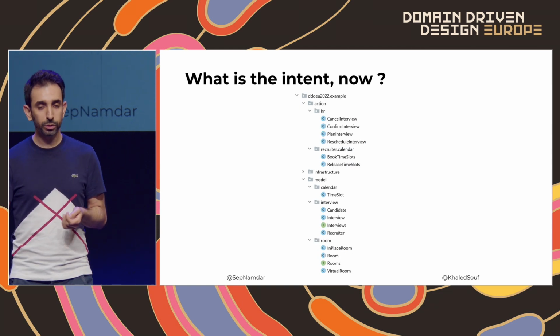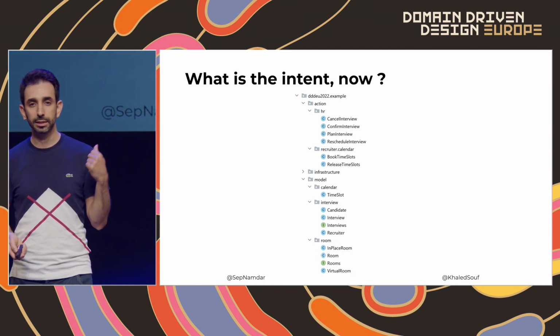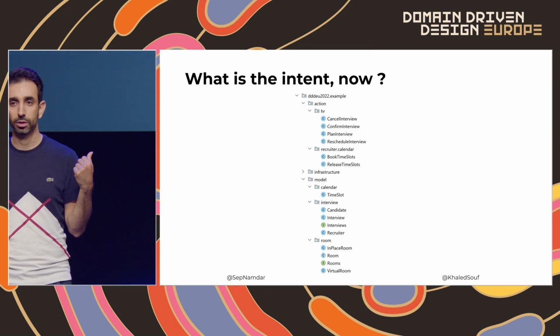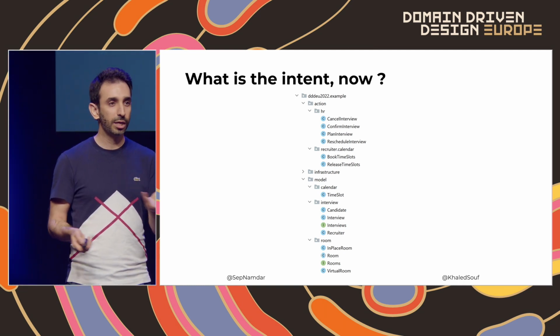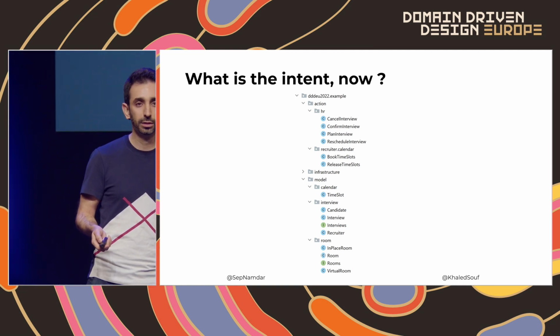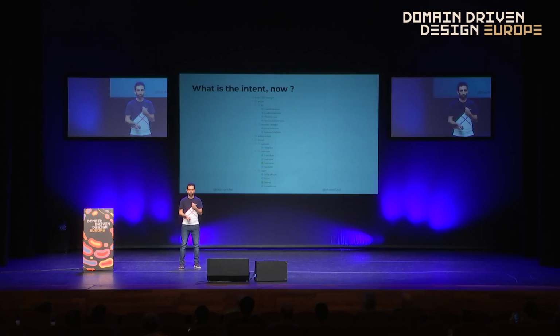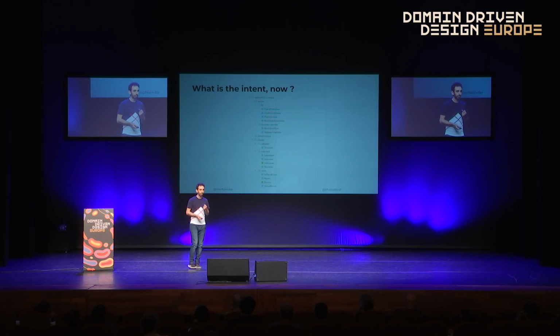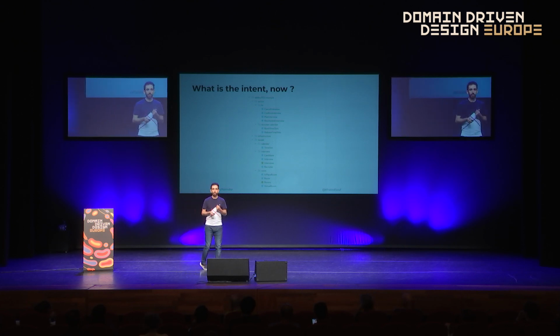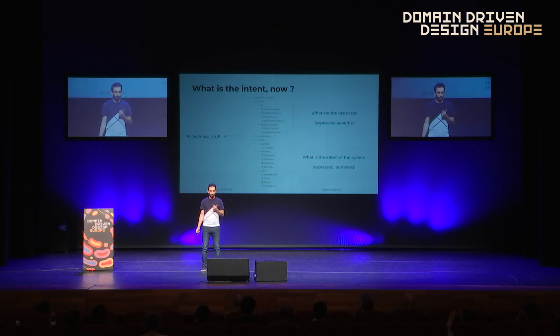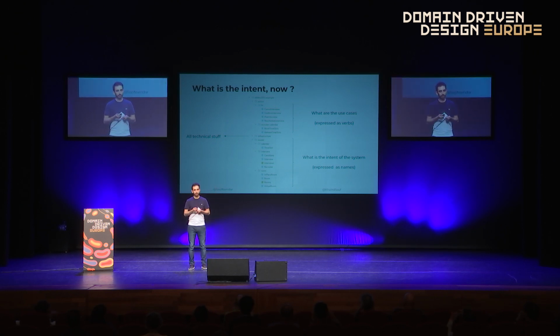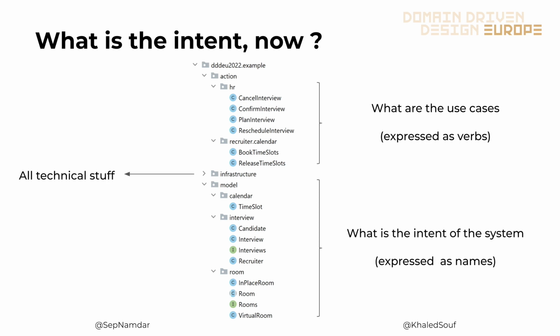Now, could you tell me what is the intent behind this project structure? Raise your hand if it's clear for you. OK, many hands. Very well. Why was it easier this time? Here, by naming things, I can understand which are my use cases. What is the intent of my system?